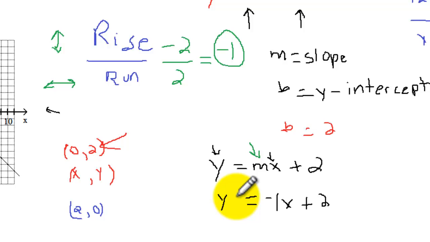Those represent every point on the line. This can also be rewritten as y equals negative x plus 2. You don't have to write the 1. It's an option. I think it's just better because it keeps it cleaner and better understood.